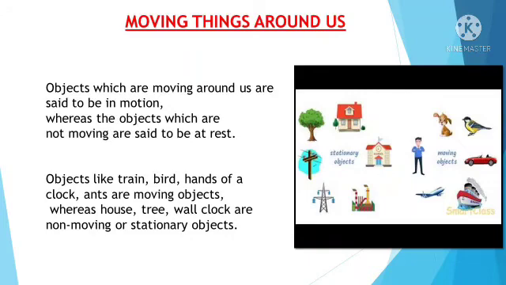Whereas your home, a tree, a post pole in front of your house, all are stationary objects or rest objects, that is, objects that are not moving. So moving objects and non-moving objects are what we always see around us.